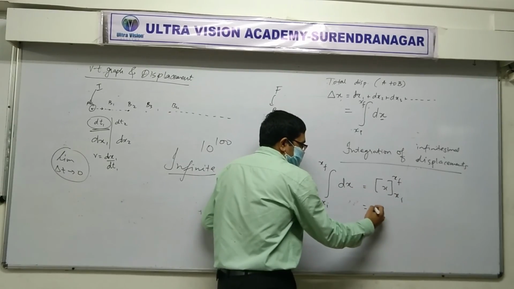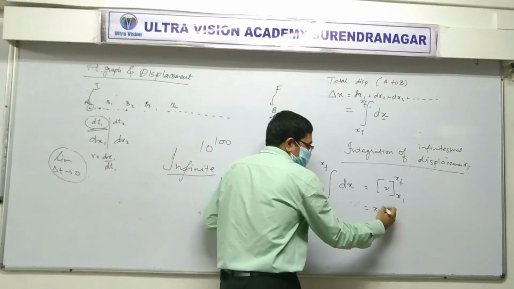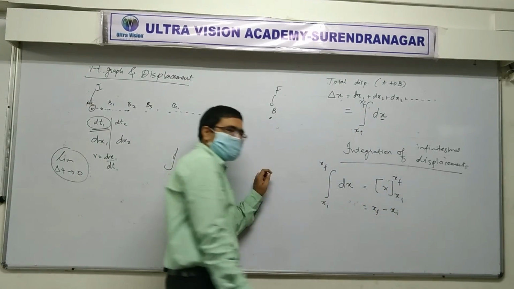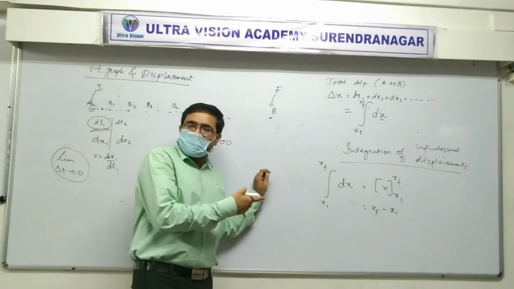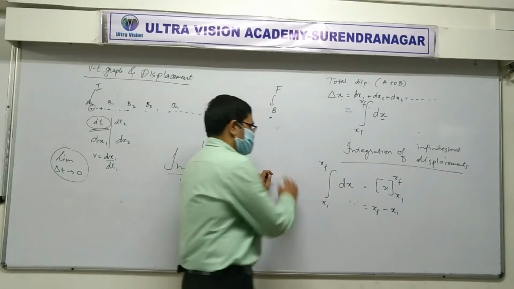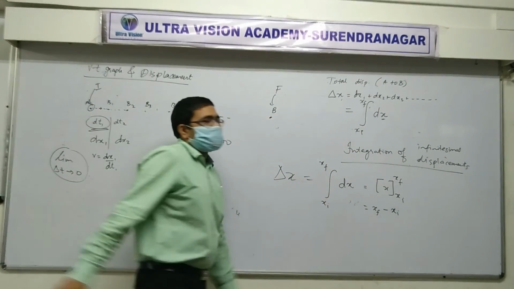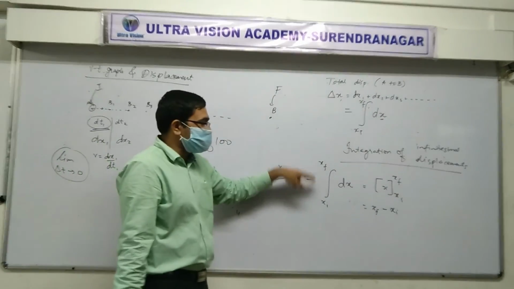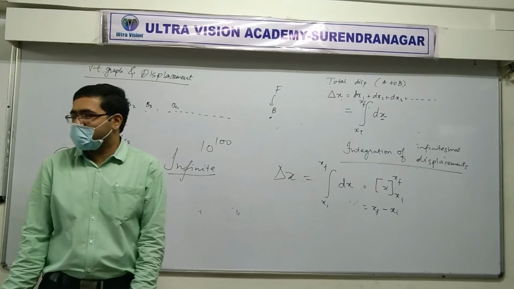What should I write? x. Then I should put minus, then I should put xi. x minus xi. So we did see that. What is it? Delta x. So delta x is equal to the integration of dx from xi to x, from initial to final. Did you understand?